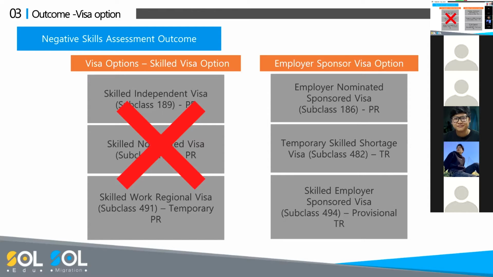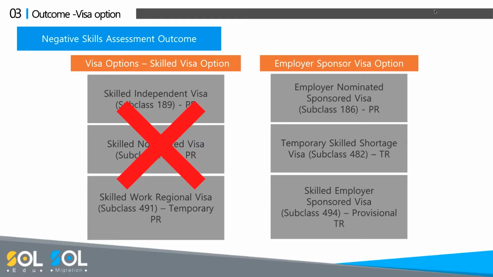So if your skill assessment outcome is negative, you cannot apply for any skilled visa. But still, if you find an employer and they provide sponsorship to you, you can apply for the sponsor visa if you have certain experience to apply for those visas.